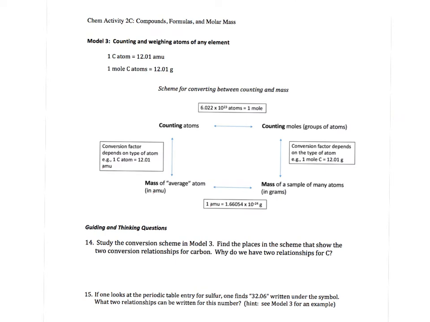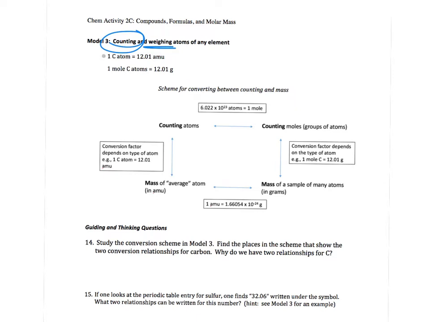Okay, so far what we've been doing when we've been using moles is we've been counting, right? So just like when you use dozens, you're counting things. Now we want to take that counting and connect it to the weighing of things. So we learned in ChemActivity 2B that we could calculate the average mass based on all the isotopes that would be present.